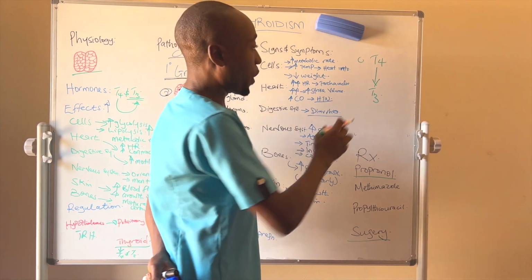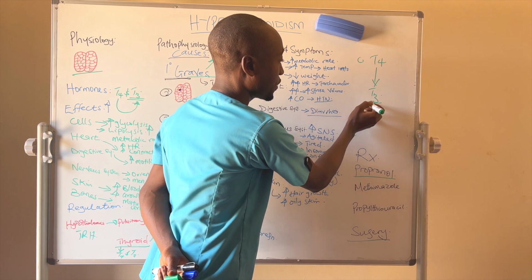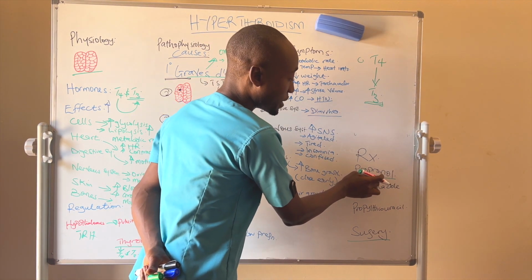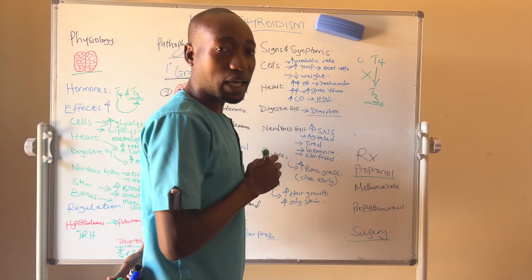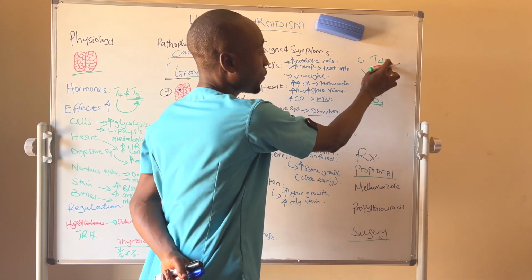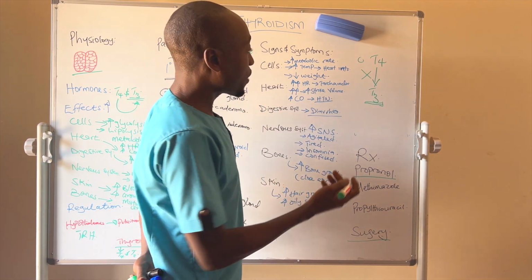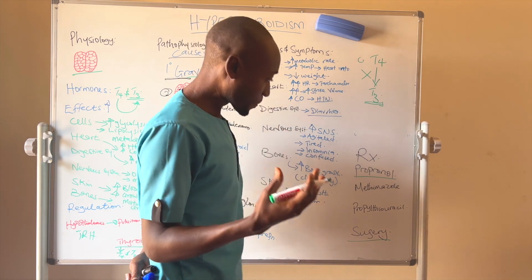We have this conversion in the body because T3 is the active ingredient. So what propranolol does is that it blocks the enzyme that is responsible for converting T4 to T3, what we call a deiodinase enzyme. And therefore, you will not have the effects of the thyroid hormones.